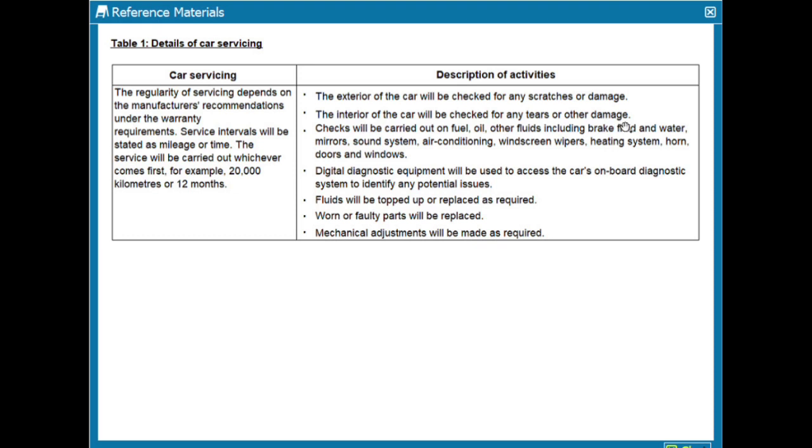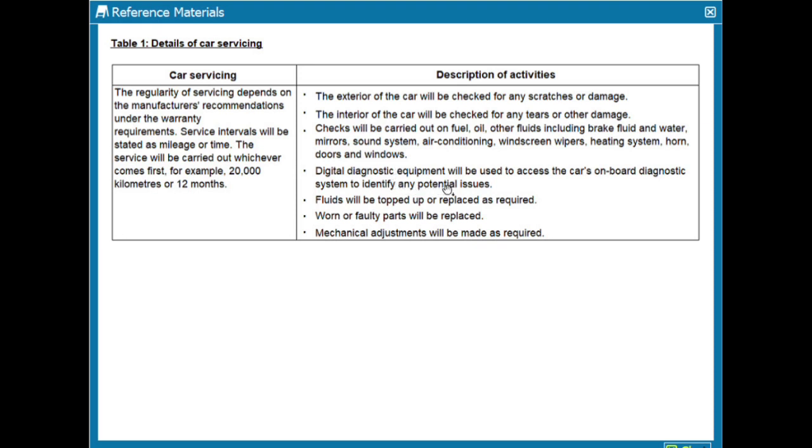Seems like these both are almost the same. I mean, the cost driver would be the same for these two. The checks will be carried out on fuel, oil, other fluids including the brake fluid and the water, mirrors, sound system, air conditioning, windscreen wipers, heating system, horn, doors, and windows.